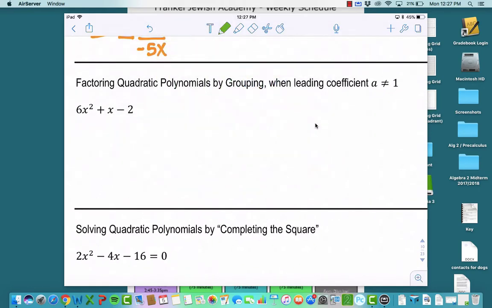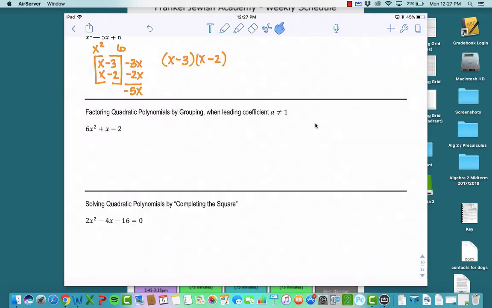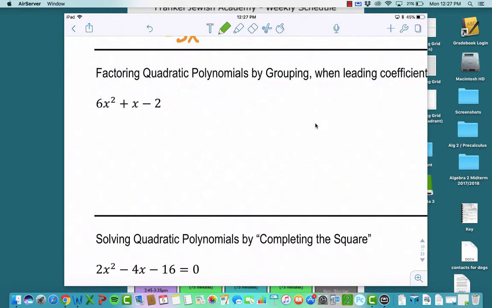The next way we did was with the giant x. We were factoring this with an x.